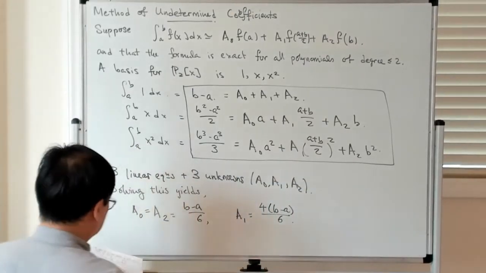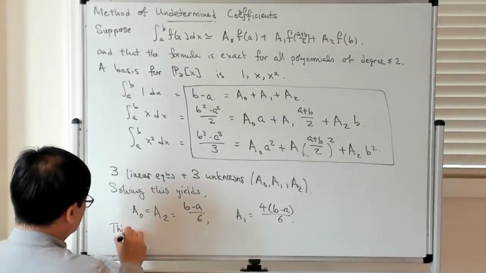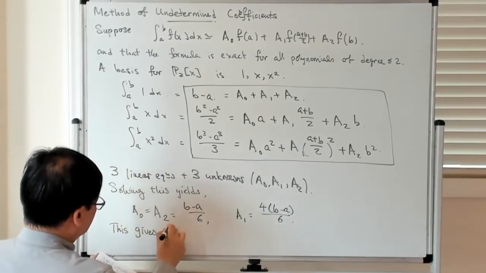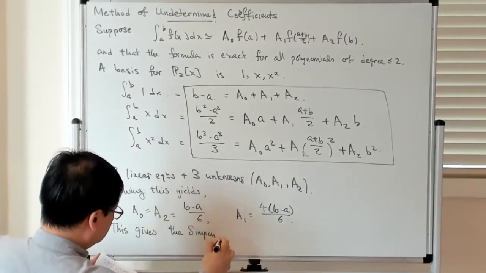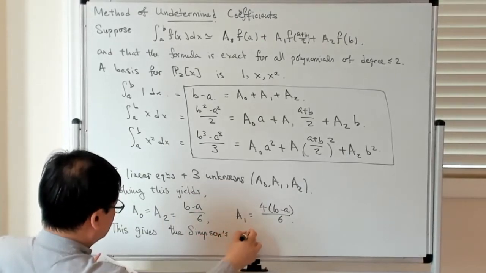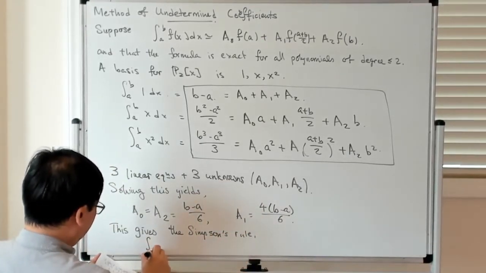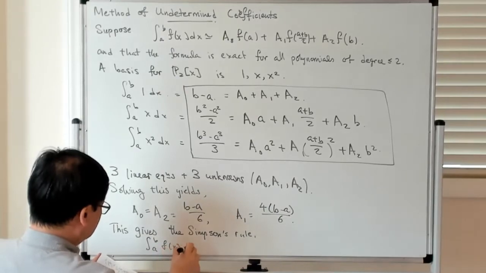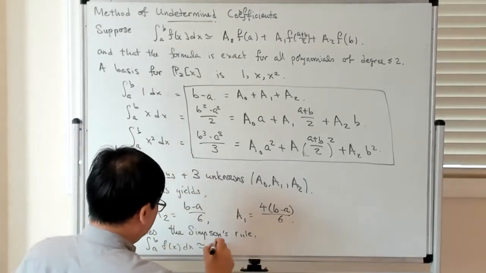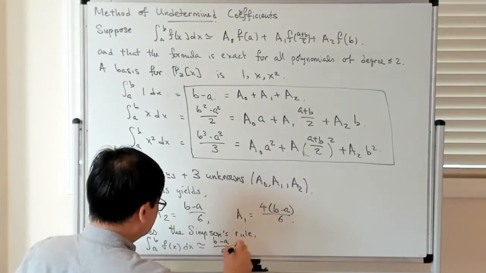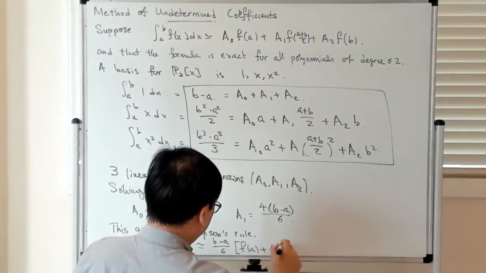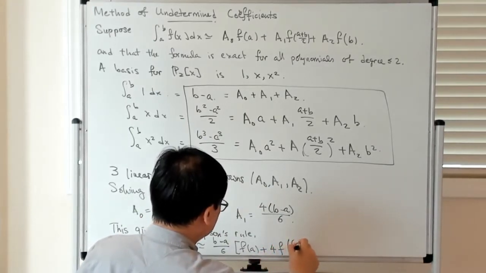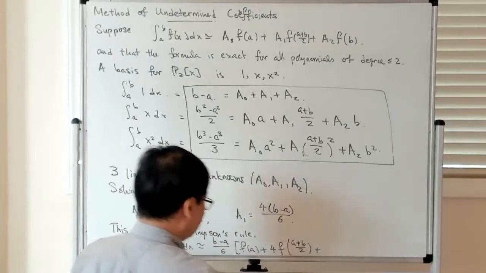Okay, so this gives what is called Simpson's rule, which is that the integral from a to b of f of x dx is approximately equal to (b minus a) over 6 times f at a plus 4 times f at the midpoint, (a plus b)/2, plus f at b.